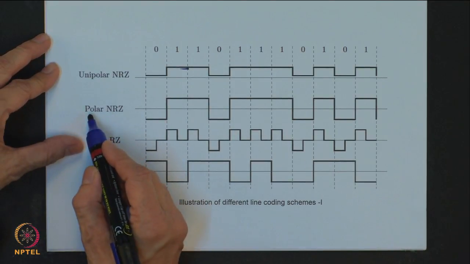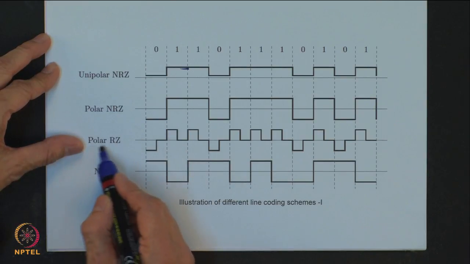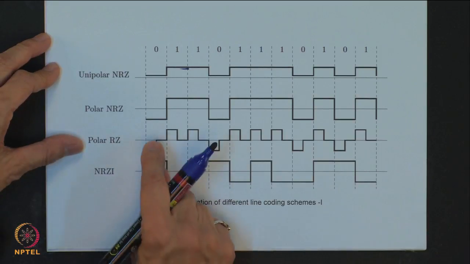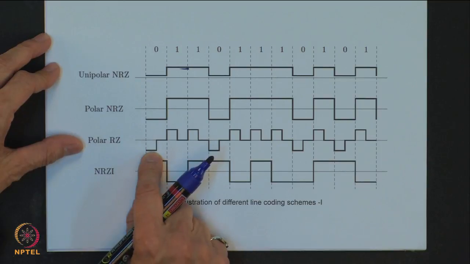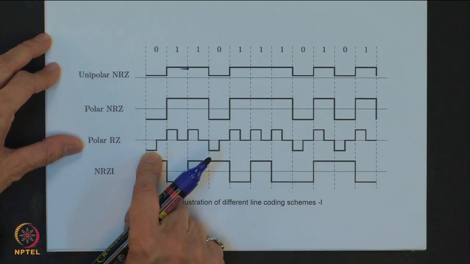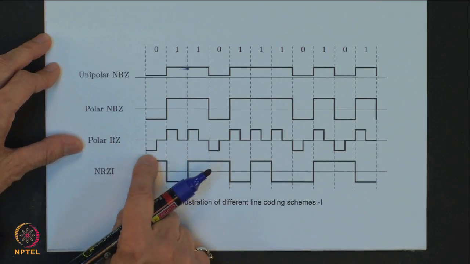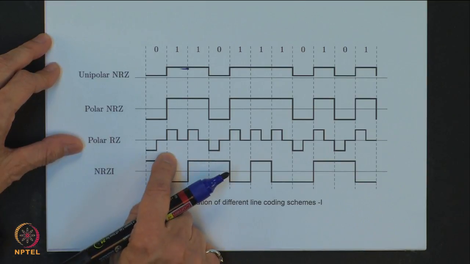Now, the same case of polar NRZ, you could have what is known as polar return to 0. So, in return to 0, what I do is that I use the pulse for 0, which is negative minus Pt. So, in this case a rectangle, Pt is rectangle, but the duration has been reduced, and in the way I have shown here in this figure, the duration is half of my Tb.